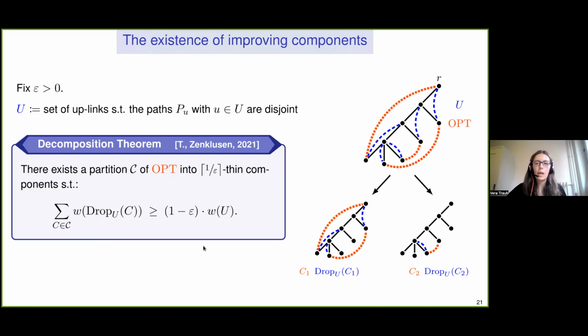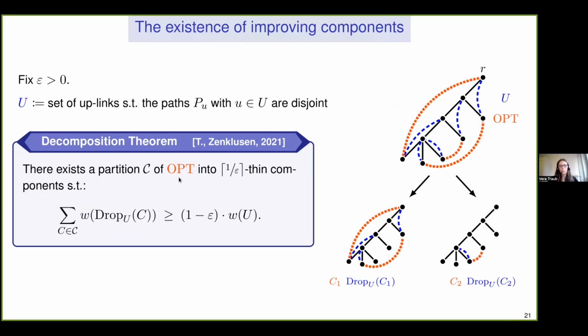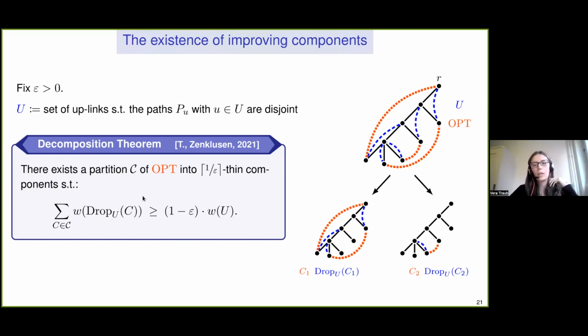So by some averaging argument, there has to be one component where the weight is relatively small compared to the drop, because the total weight is small, that's just the weight of opt, and the total weight of the drops is large by the decomposition theorem. So you get the desired properties from this decomposition theorem. Proving this decomposition theorem is really the core of the analysis. I will not get into this here today.